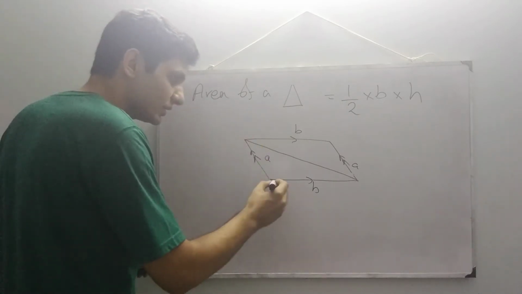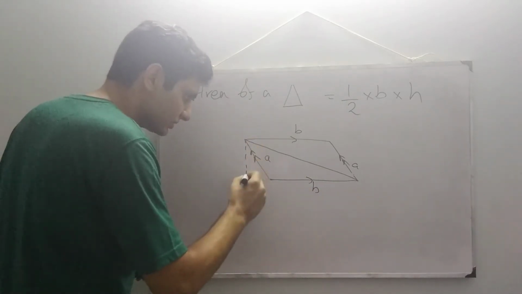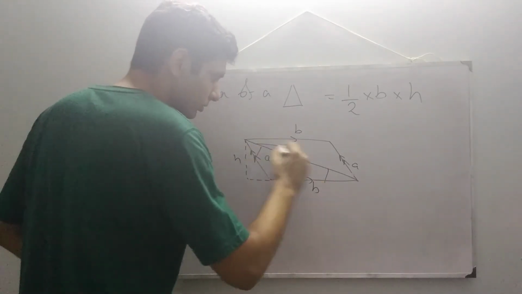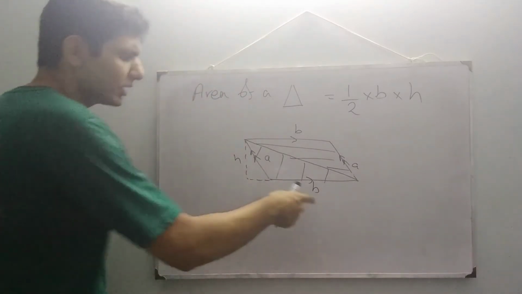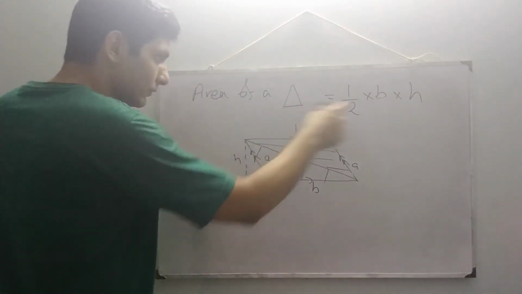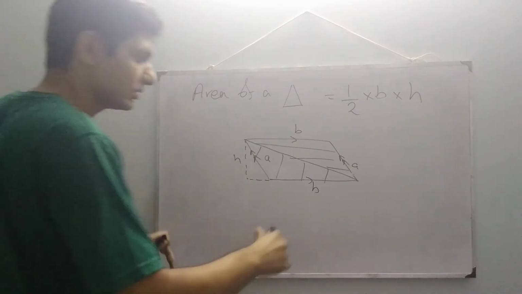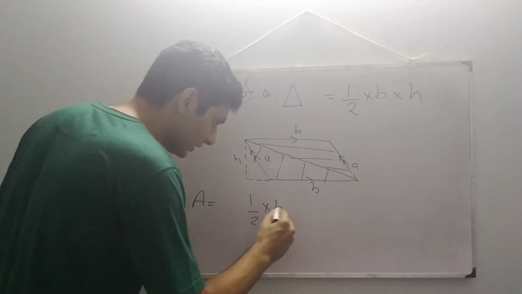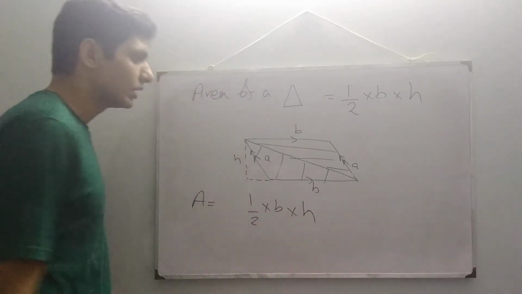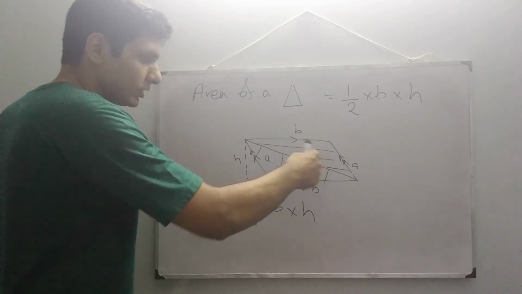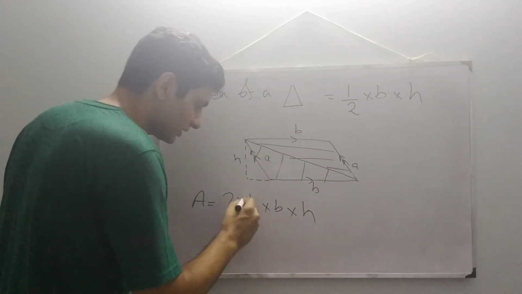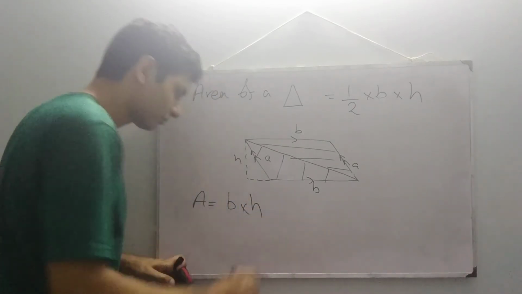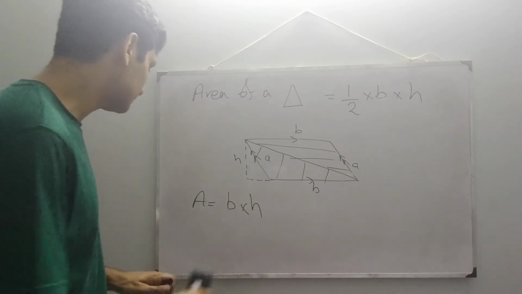I could also draw the height from the base like this. Since these two triangles are the same, the area of one of these is given by half times the base times the height. And this is just the same, so the total is just twice that. And that just leaves me with base times the height. So that's the area for a parallelogram.